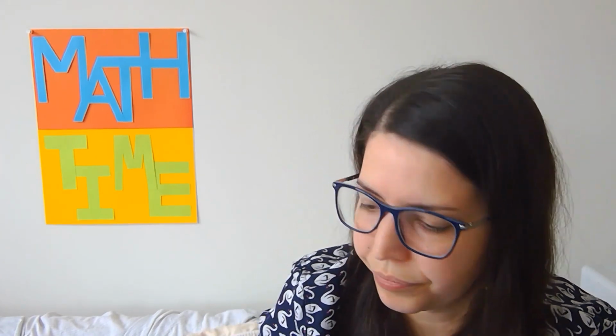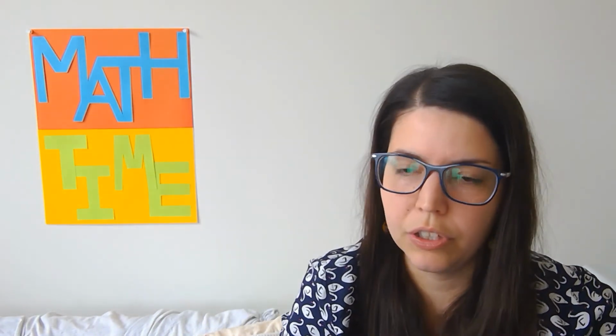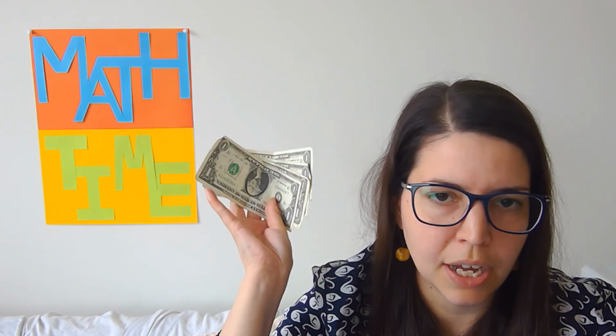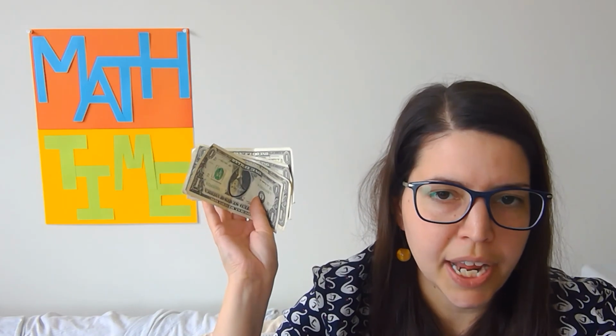Let's talk about some other examples. Let's say that you have $4 and you want an ice cream, and an ice cream costs $1. How much money are you going to have after you give it away? Well, let's see.